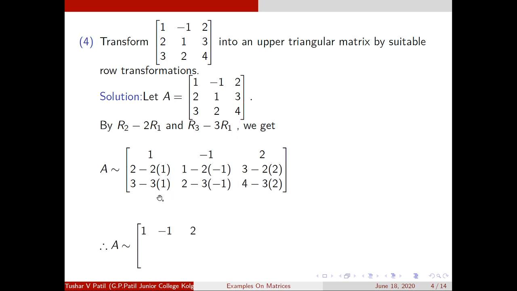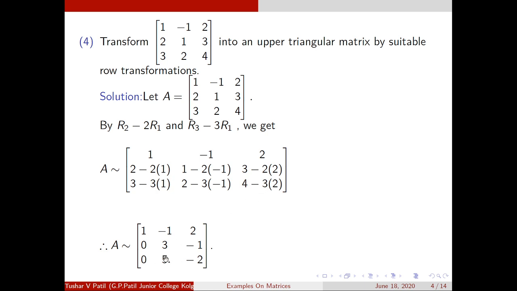And we get here the required matrix: 2 minus 2 0, 1 minus 2, that means 1 plus 2, 3, and 3 minus 4, minus 1. Here it is 3 minus 3 0, 2 plus 3 is 5, 4 minus 6 is minus 2.